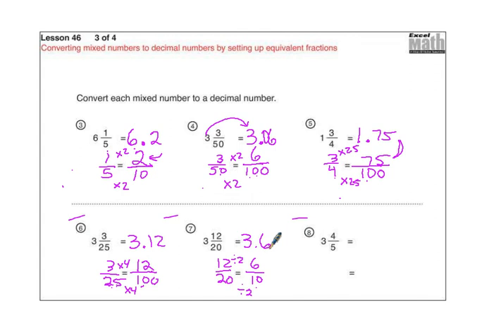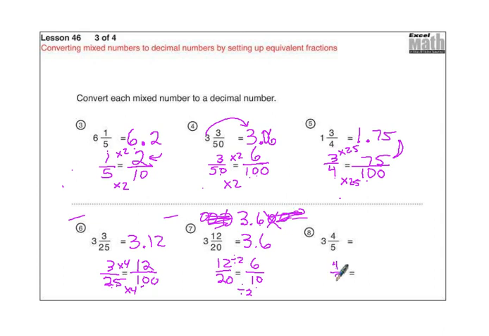Now, if you change it into hundredths, you got 3.60. But if you're smart enough at your math, you know that 0 is meaningless out there. The zeros have to be sandwiched in between the decimal point and some other number. You can't have zeros dangling out on the sides like this. Those are meaningless. So 3.6 is my answer.